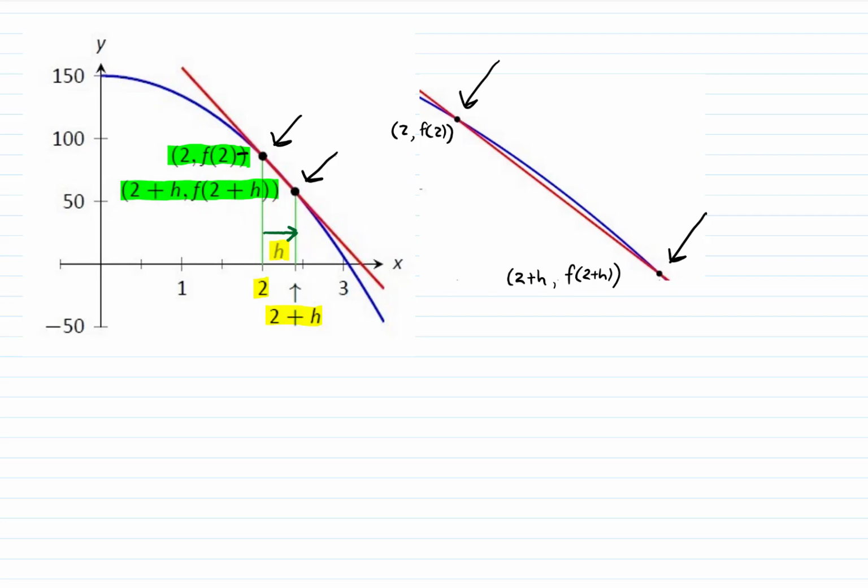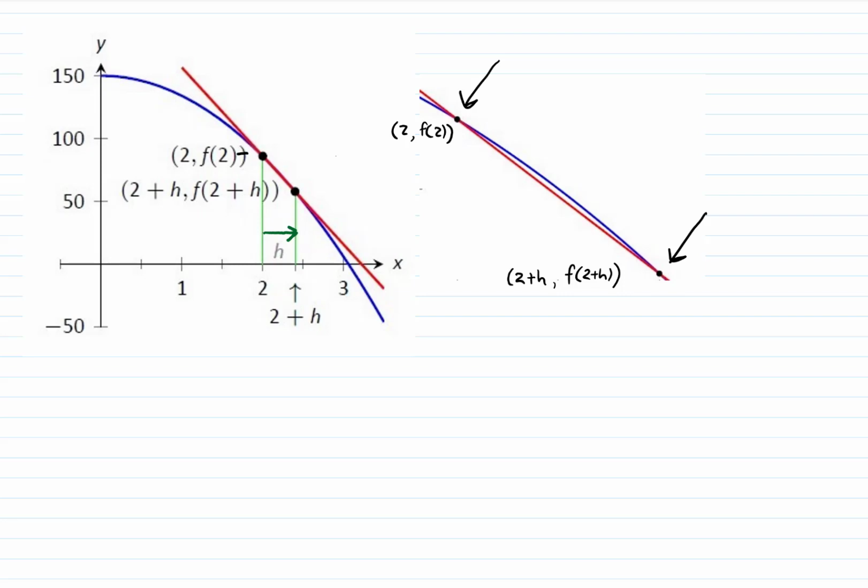It's not exactly parallel to the parabola at this point. But that's okay. Let's just leave it like that for now. The point is that I can calculate the slope of that line, can't I? Because there's 2 points. So we can find the slope.